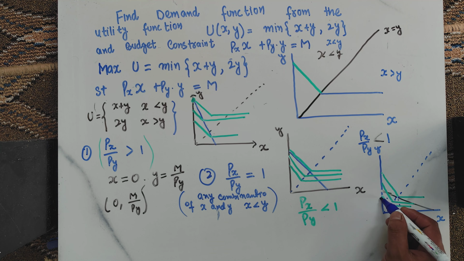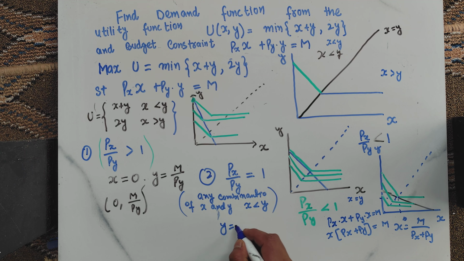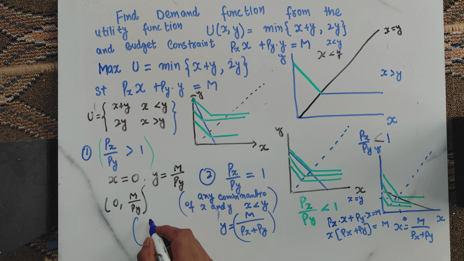Let us take x common, we are left with (px plus py) x equal to m. That means the consumer will consume x equals m upon px plus py. This will be the demand function for good x. Likewise, the demand function for good y will be equal to m upon px plus py. Okay, so the optimal bundle will be m upon px plus py and m upon px plus py.